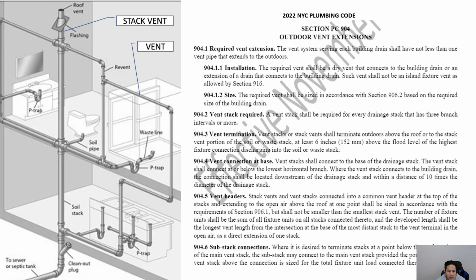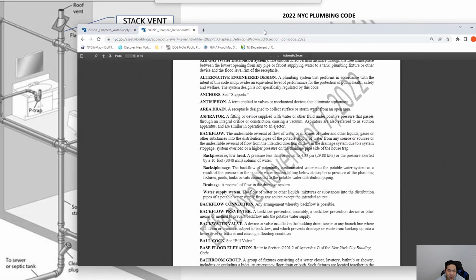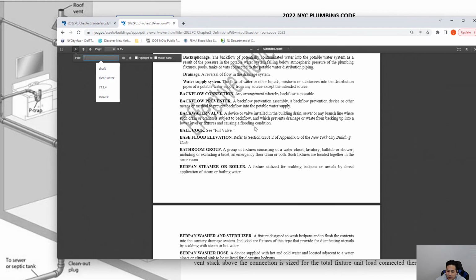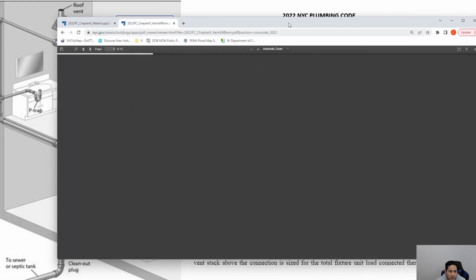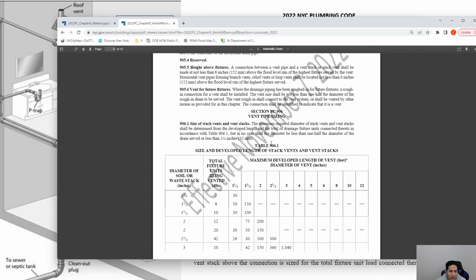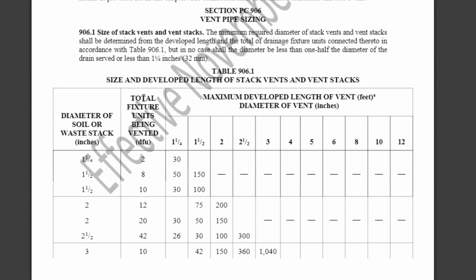The required vent shall be sized in accordance with section 906.2 based on required size of the building drain. So if you go to the plumbing code, section 906 would be right here under vents. And 906 basically gives you this table here where it talks about depending on the drainage fixture units, which there's a chart that gives you these drainage fixture units based on the fixture type.